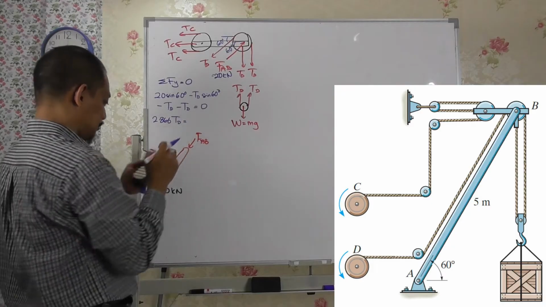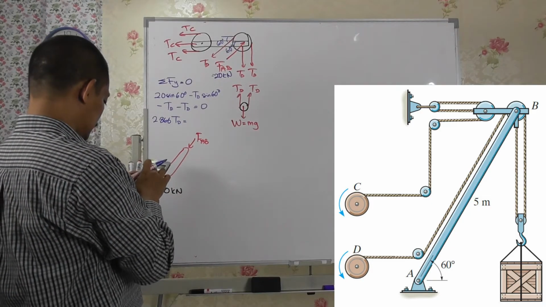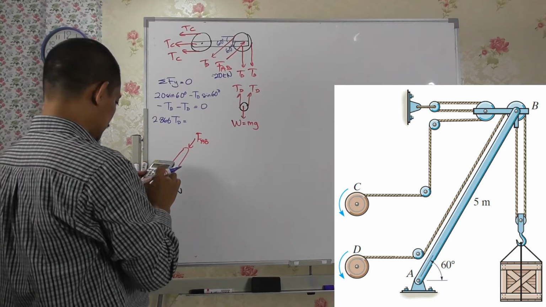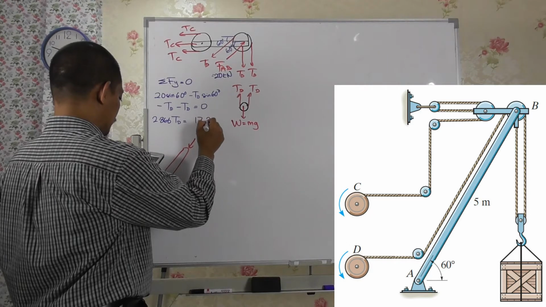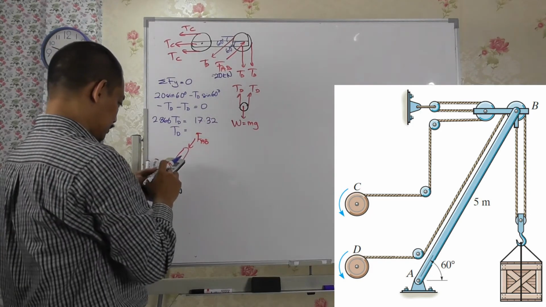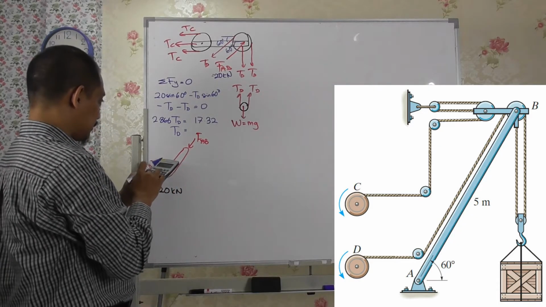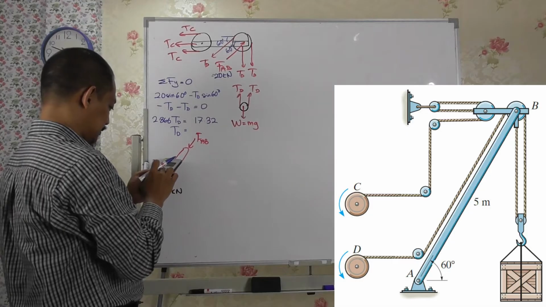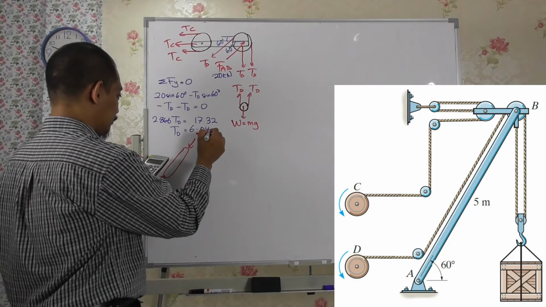TD equal to 20 times sine 60, 17.32. So TD equal to 17.32 divided by 2.866. So you get 6.043.